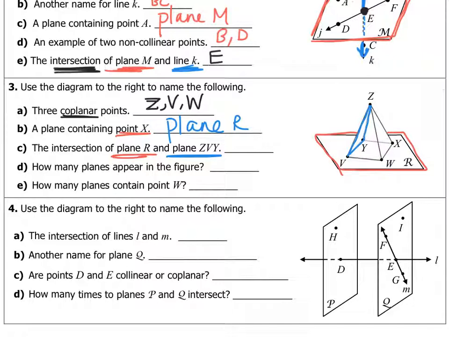So where would you say there is an intersection of plane R and plane ZVY? The intersection takes place right here between points V and Y.